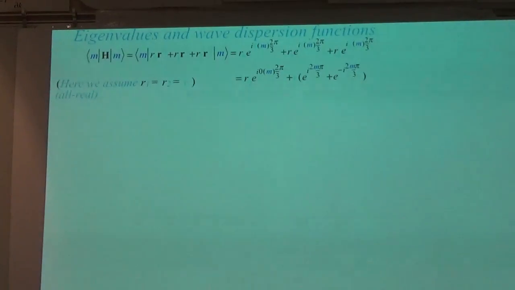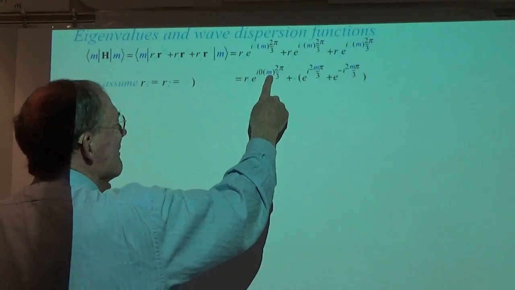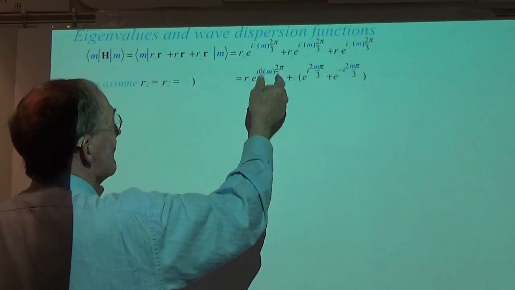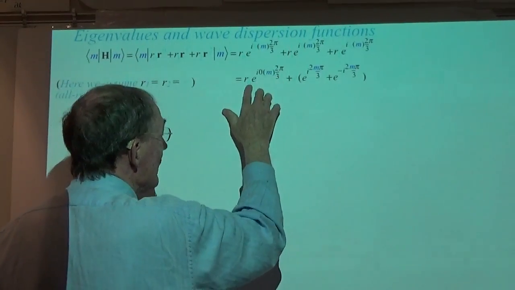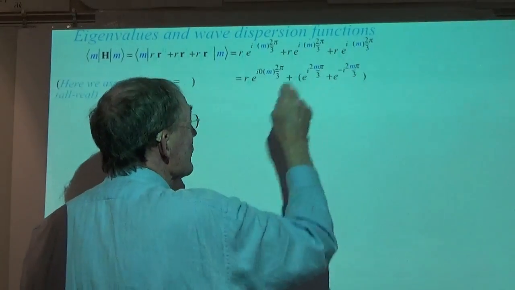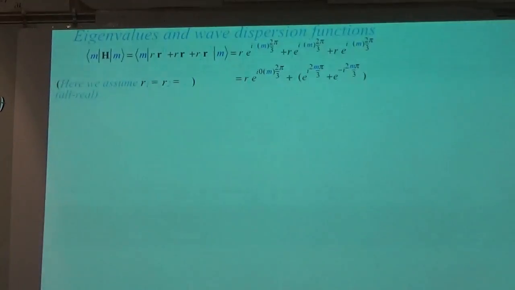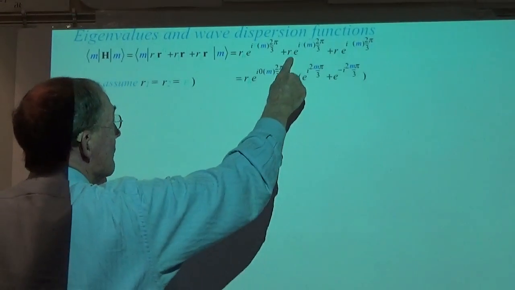You've got to take a critical look at it. Okay. First of all, there's the zero right here. Well, if that's the case, that's out of it. That's just one. Then this thing is plus and minus, so I get a cosine there. And for the time being, we're going to assume that these are real, so we're going to put a little r down there for both of these.